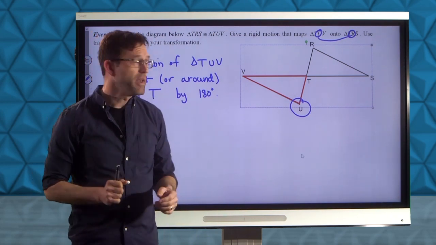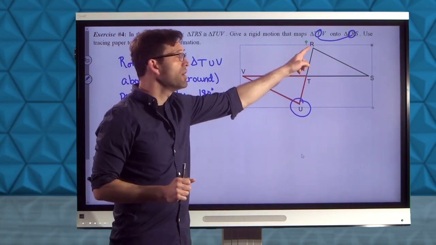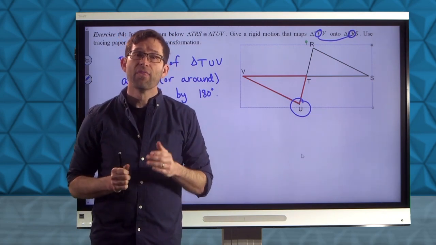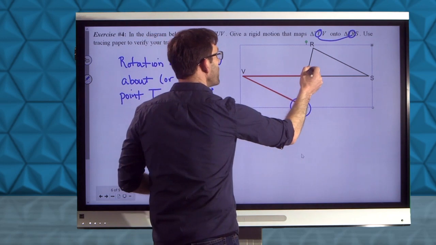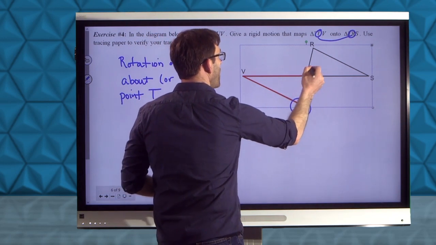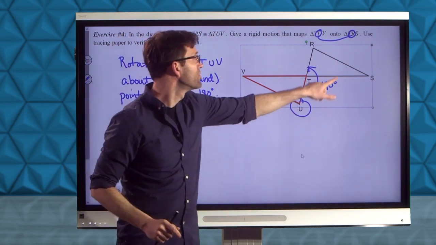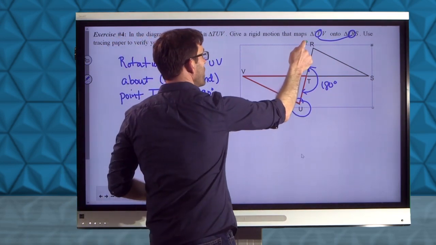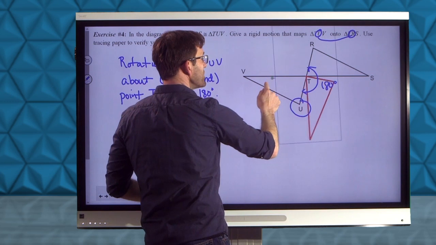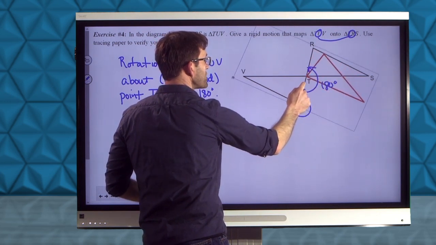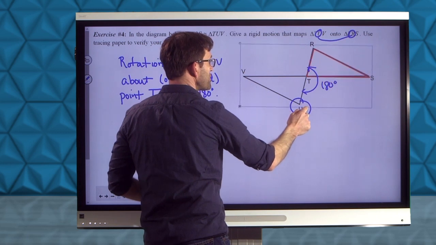But since U, T, R are collinear, they all fall in a straight line, this is a 180 degree angle, a straight angle. So in order to get U to rotate up to R, the only way I can do that is by rotating that segment a complete 180 degrees. Whoops. That was so much smoother the first time.